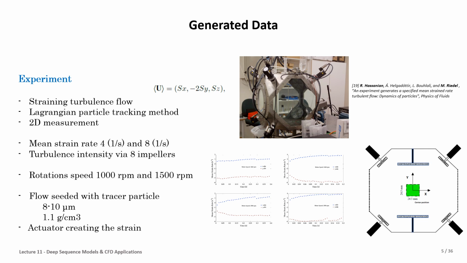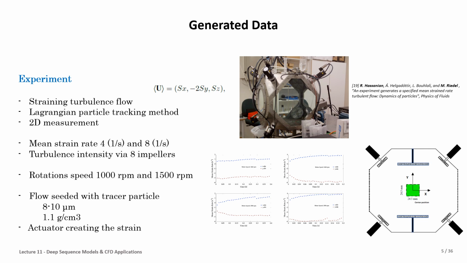The main point is that this experiment is in actual conditions, so we have a 3D flow. However, from the measurement, we use two-dimensional measurement. That means we measured only the x and y direction. We don't have measurement from the third direction.